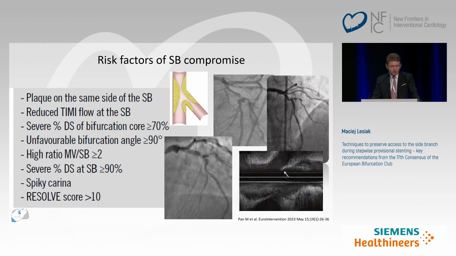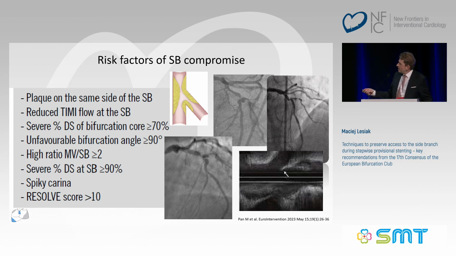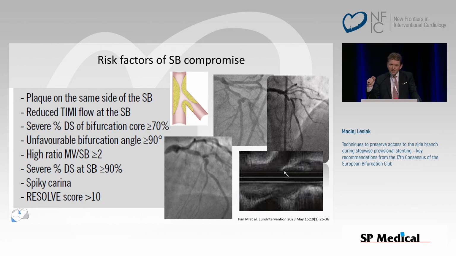the ratio of main vessel to side branch diameters of two or more, diameter stenosis of the side branch, I already mentioned it, and the spiky carina, something that was already published many years ago by Medina. If the carina in imaging is very spiky, it's more prone to move towards the side branch and compromise the flow.